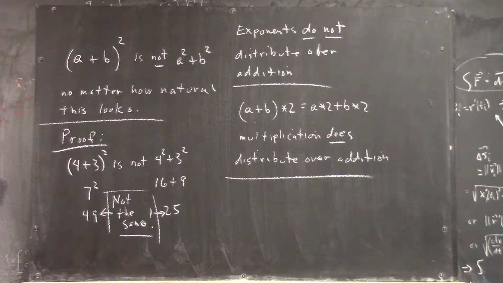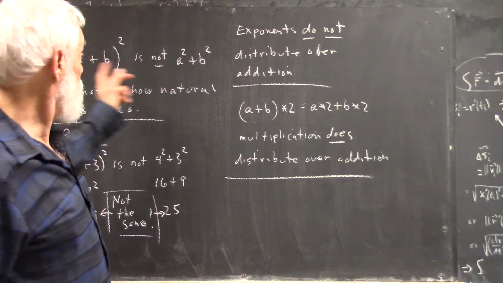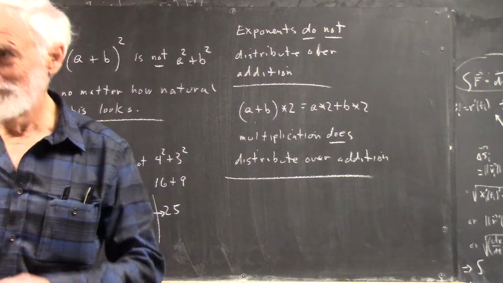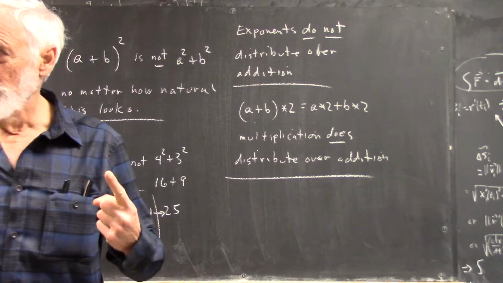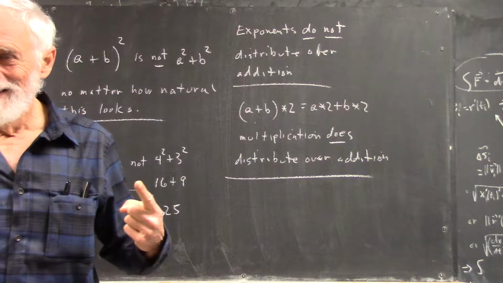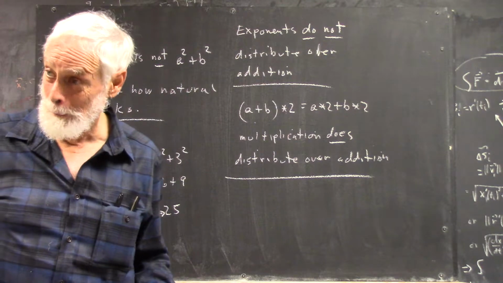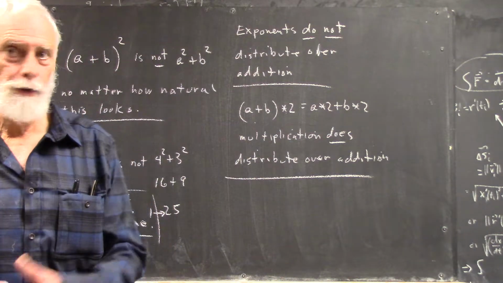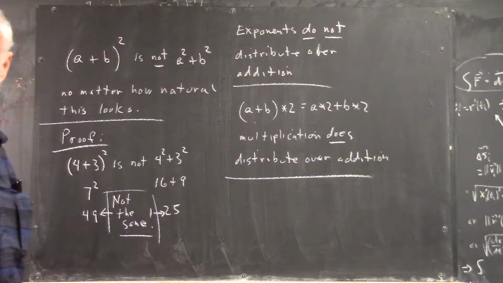And you're used to distributing multiplication over addition, and you're used to looking at it and seeing that that happens. So it's real easy to look at this and think it acts the same way, right? So you got to be careful, because this is one of the number one things that people screw up. There are about 3 or 4 number one things that people screw up. I'm not sure which one's really number one. Okay? And it really causes problems. I mean, it causes you to get things wrong, but it causes you to misconceive things. Okay? So what is (a plus b) squared equal to?